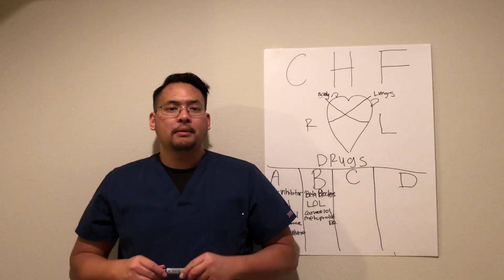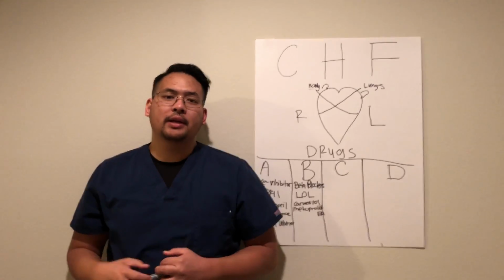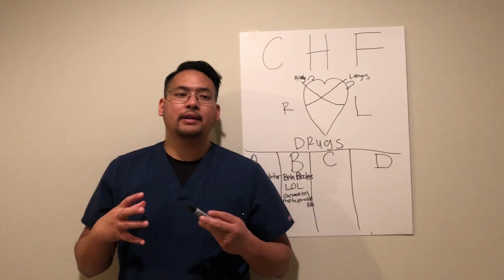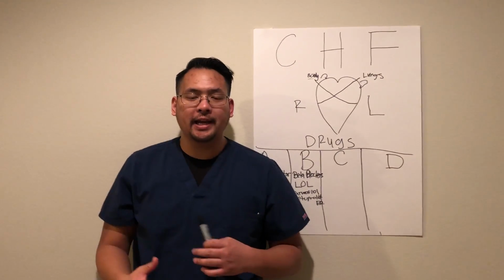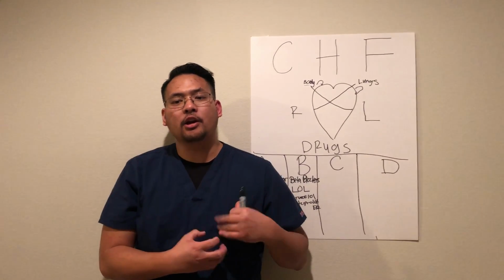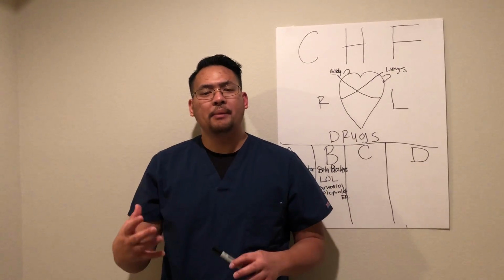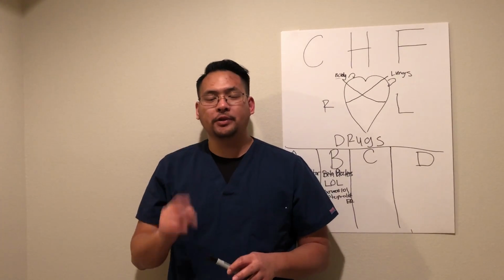Beta blockers block beta receptors in the sympathetic nervous system that potentiate the cardiac muscle. What this means is it does two things.